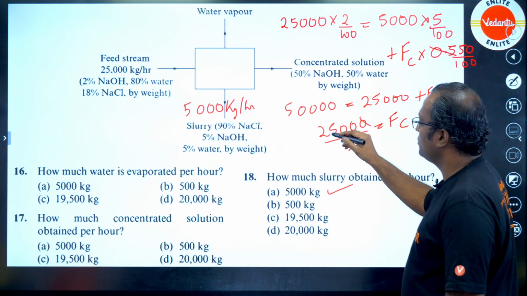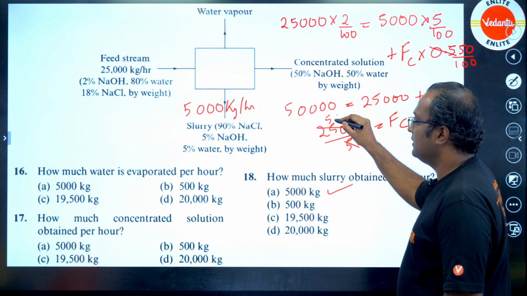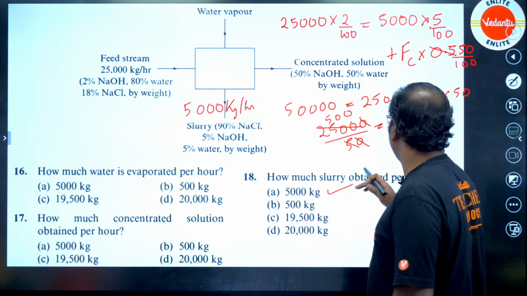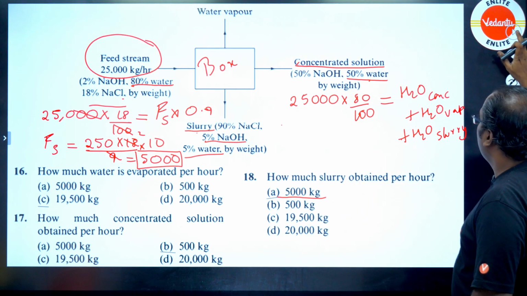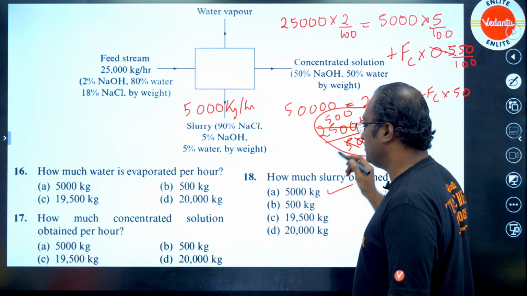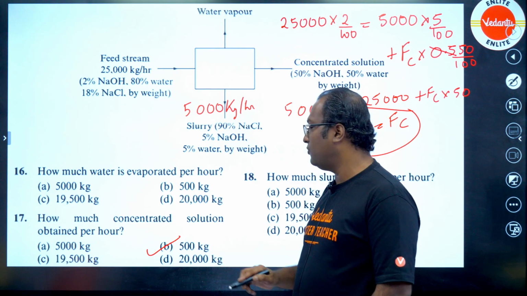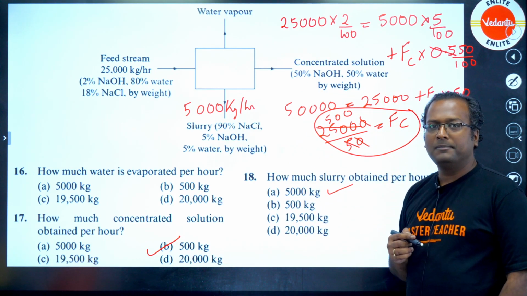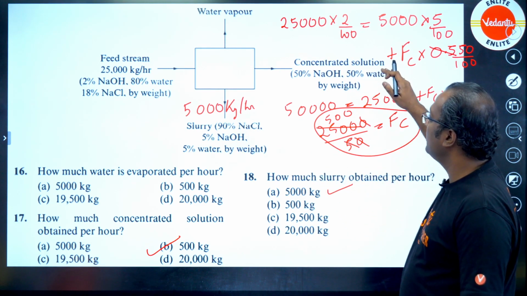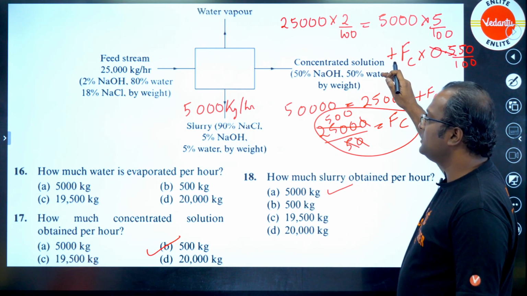How much does this come out to be? This comes out to be 500 kg per hour. So the concentrated solution that is coming out, guys, is 500 kg per hour. Very simple mass balance, but we have to be very careful of what we are doing. So now we know that the concentrated solution flowing here is 500 kg per hour.